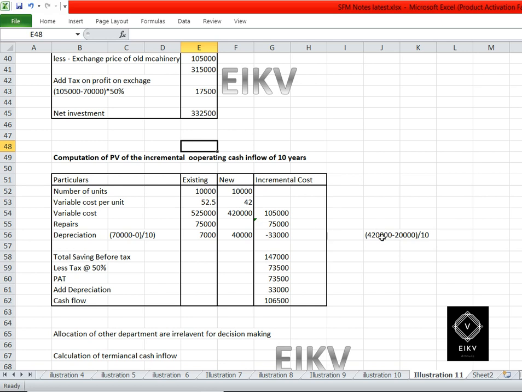For the new machinery we have 4,20,000 as the purchase price, minus 20,000 as the scrap value, divided by 10 years, which gives 40,000. The incremental depreciation is 7,000 minus 40,000, that is negative 33,000. Okay, so when we take the total incremental savings, we get 1,47,000.